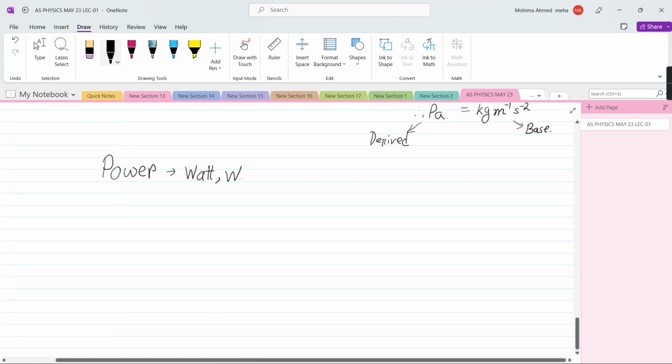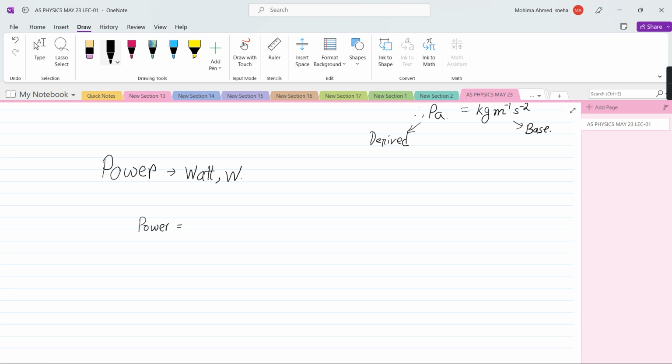So the equation of power is work done by time, or you can use energy by time. Regardless of which you use, the final answer would be the same. I'm going to use two different equations for power, and at the end of the calculation, you're going to see that the base unit for power is the same.